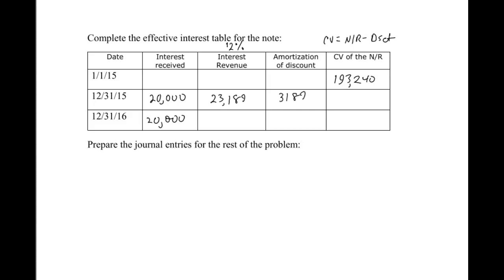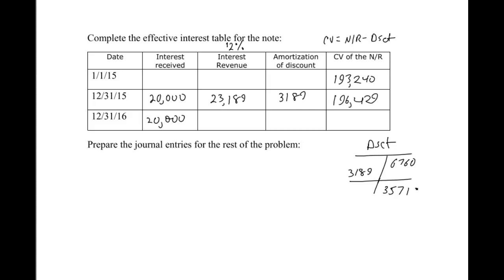So my discount, just like I did on the previous one, my discount T account right here, 6,760 from the first entry, and then I just amortize 3,189. So that leaves me with 3,571. Remember, the carrying value definition is the note receivable, so we're now saying 200,000 less this 3,571, and that gives me 196,429.